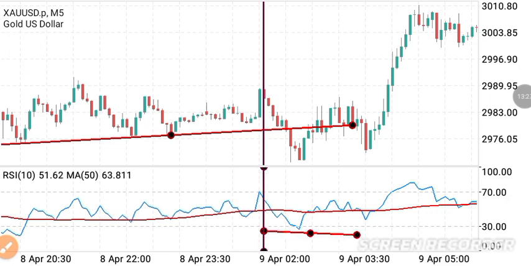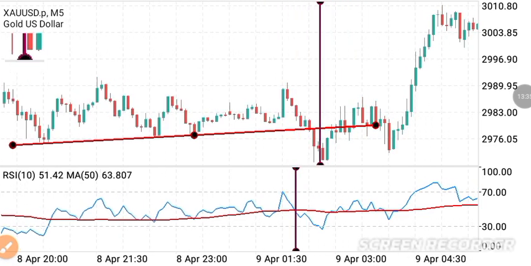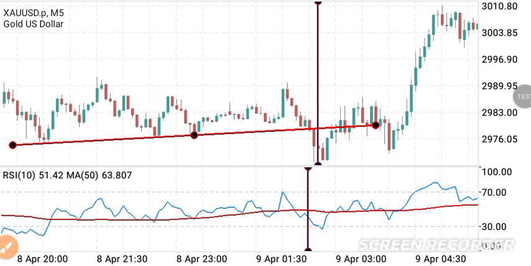You can see it went below the moving average. So we search for an order block or a breakout block or maybe even a fair value gap, so that we can enter into our trade.